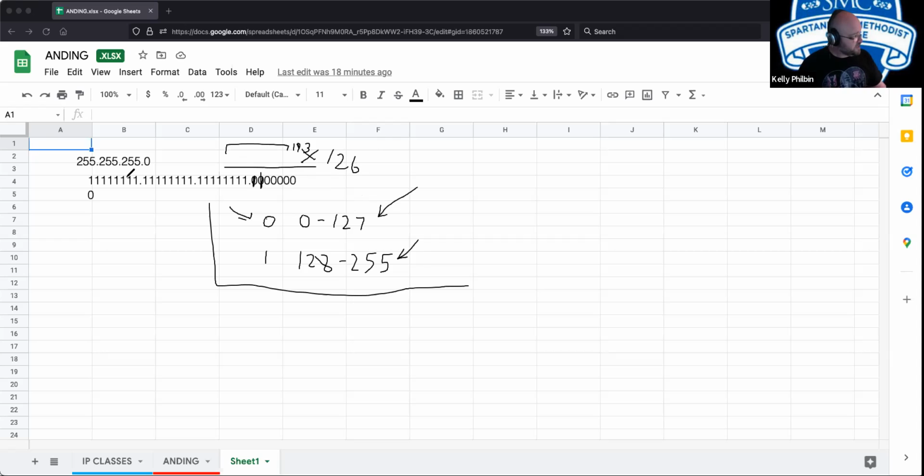So we're now using 26 bits, but remember, we're only really focusing on this last octet. So we're using a second bit from the last octet to equal our network. So we only have 5 or 6 bits left over to represent our host.